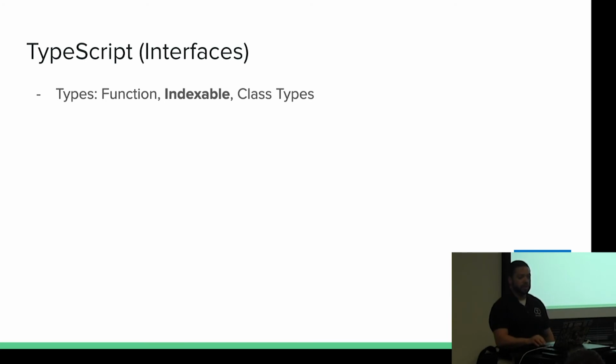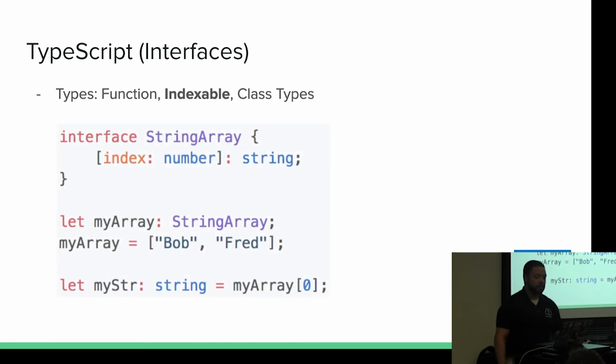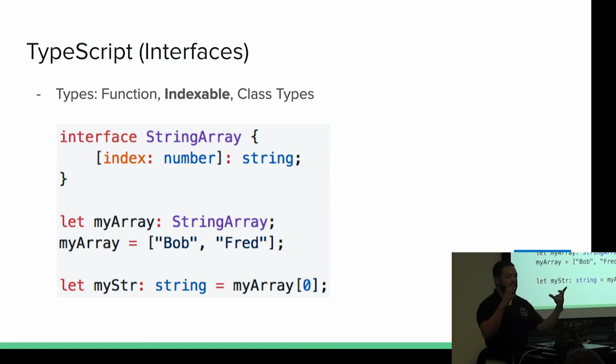Now here, something that's indexable is another type of interface. This is a little more complex to wrap your head around just because of the annotations used to make this, but what we're saying here is that I have an interface called string array.